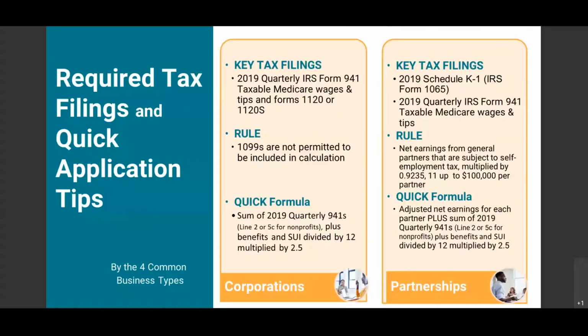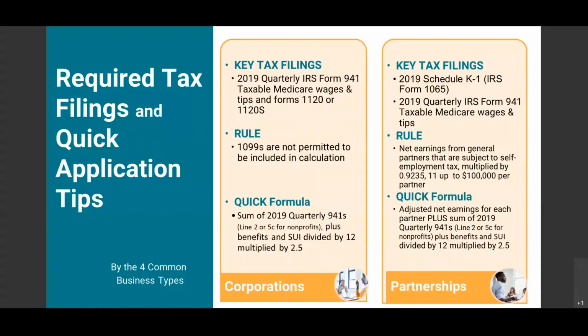And then if you're an S corporation, you would need your 1120S, and that's where you would find the benefits and insurance information as well. But together with those numbers, you would add it to your payroll from the Form 941 to arrive at your annual payroll. Once again, any payments to employees via 1099s are not eligible here.